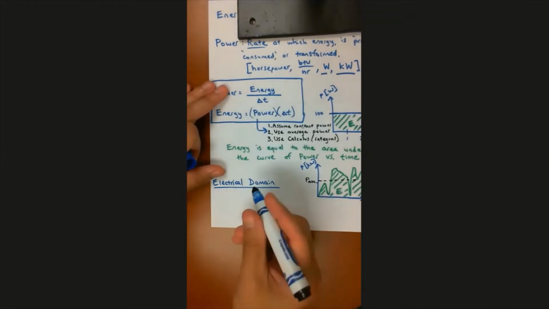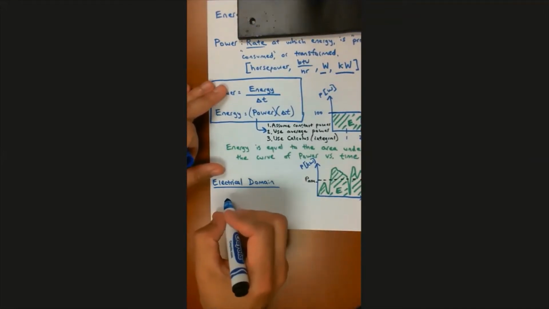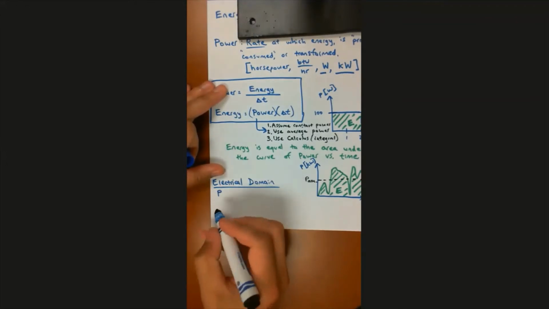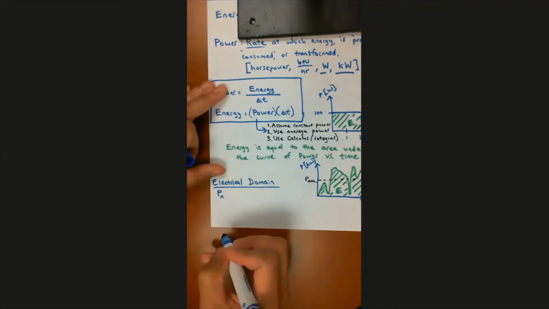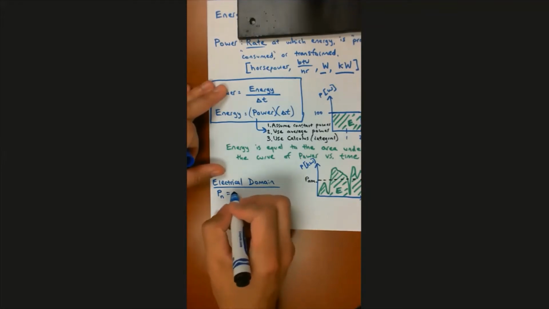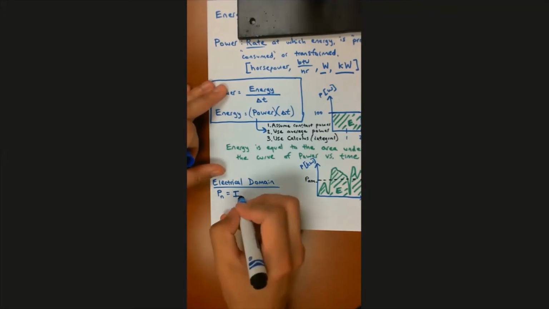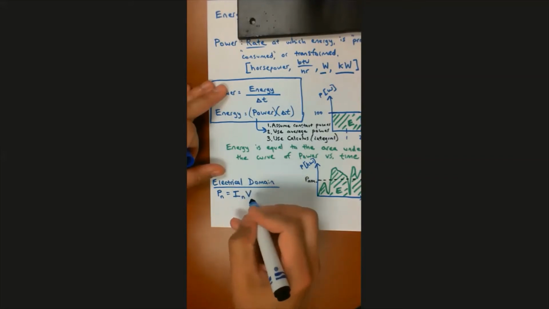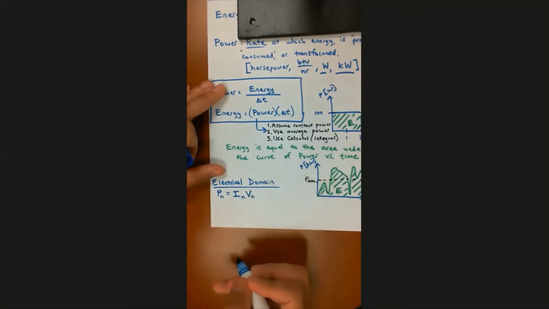If you haven't, that's fine. You can pick it up right now. It's not hard. The power dissipated by component n is equal to the current through component n multiplied by the voltage drop across component n.